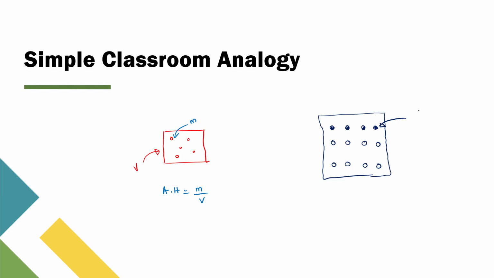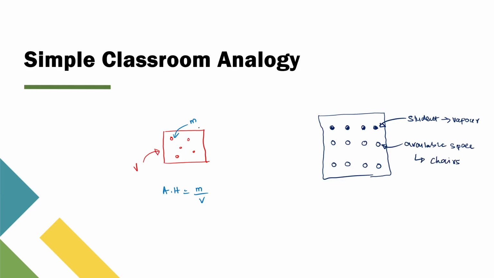So in our comparison, students are the vapor, and these available spaces are the chairs, and the volume is the classroom.